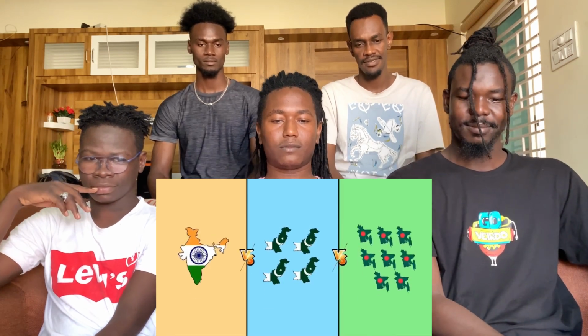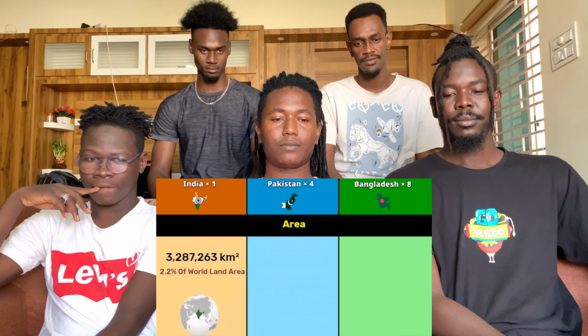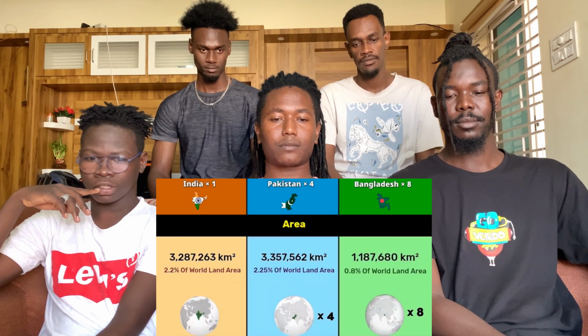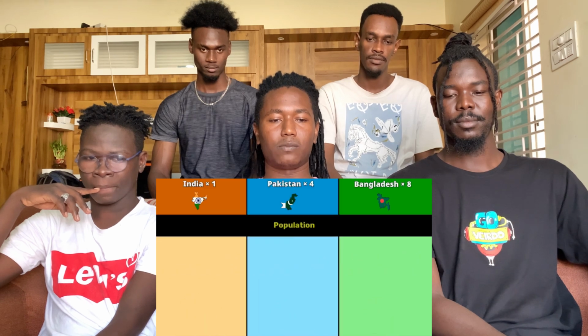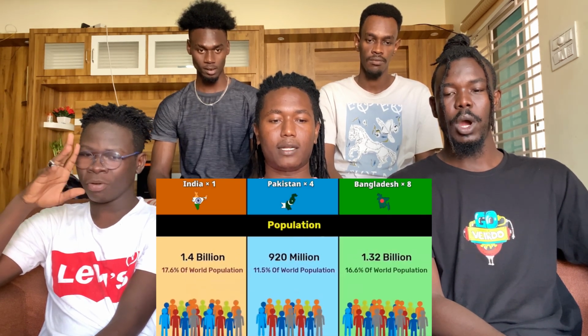Let's learn. Let's go. Hello guys, today we see India versus Pakistan versus Bangladesh. Area 3.28 million square kilometers, 3.35 million square kilometers, 1.18 million square kilometers. Population 1.4 billion, 920 million, 1.32 billion.